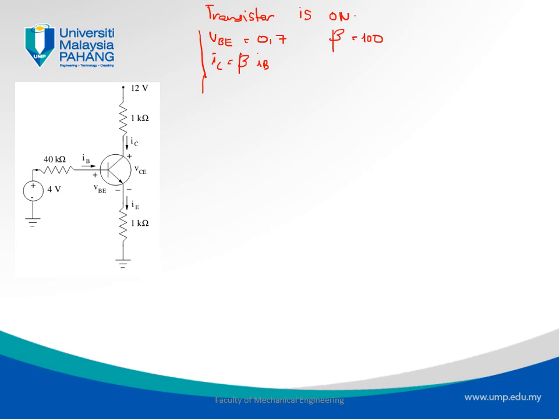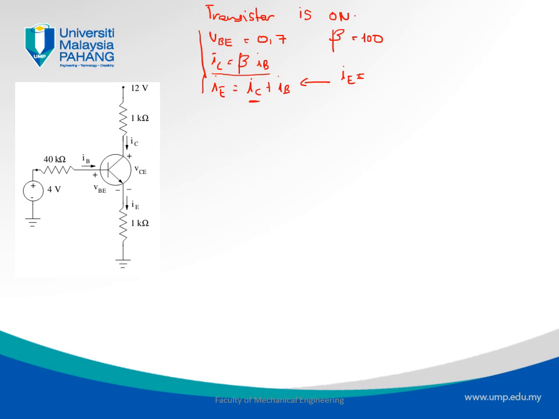The other characteristic that we can use is the KCL in the junction of the transistor, which says that IE equals IC plus IB. Let's look at this first. We know that IC equals beta IB, so we can replace IC here. It gives us an expression of IE that only depends on IB.